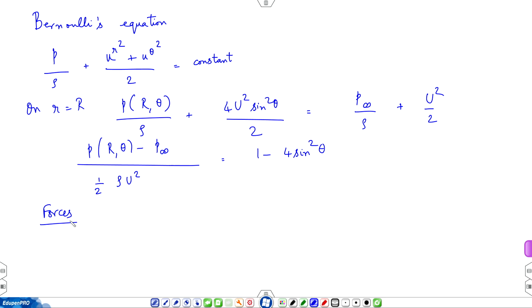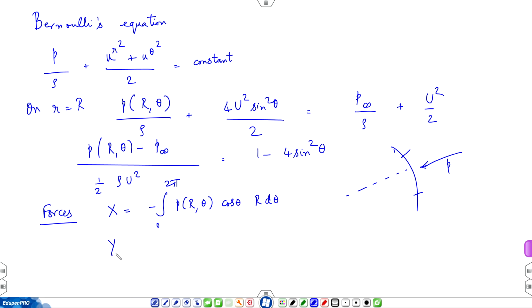So, for the x component force, if you wish, you can show a portion of the cylinder, and this is the direction of P. The x component force is minus integral 0 to 2 pi of p(theta) cos theta, this is the x component, times r d theta, and y is similarly 0 to 2 pi.